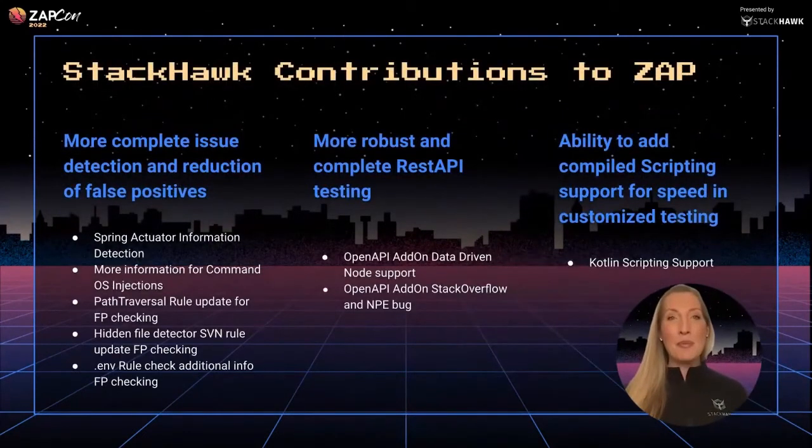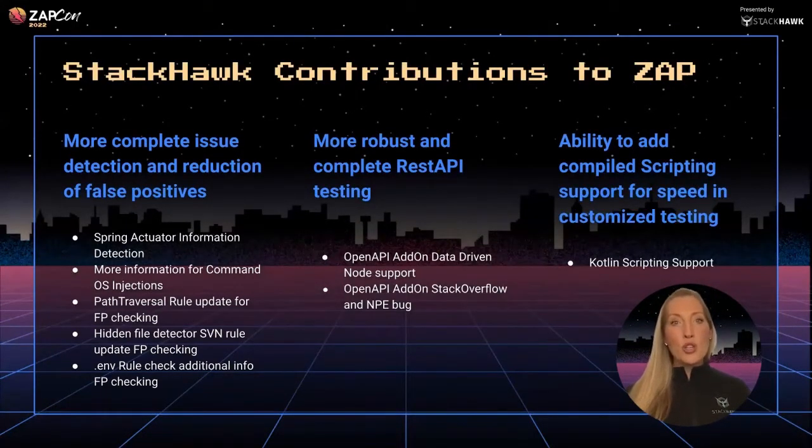Giving back to the Zap community and open source project is important to StackHawk. Part of the value of operating a SaaS product with open source ties is that we have the ability to use customer feedback and data to help the open source project become better. To that end, we've been able to use customer feedback to identify false positives in Zap, contribute fixes to those issues, as well as help provide more complete issue detection.